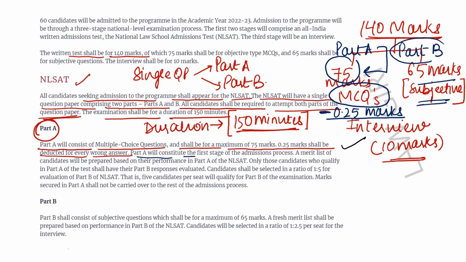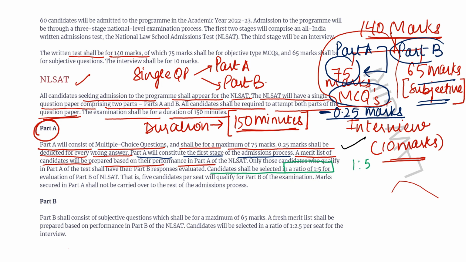Part A will constitute the first stage of the admission process. Very important, please: a merit list of candidates will be prepared based on their performance in Part A. So a merit list will be prepared after checking your Part A, and candidates will be selected in a ratio of 1:5.